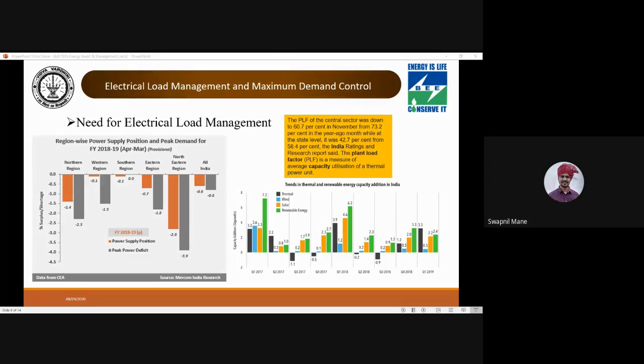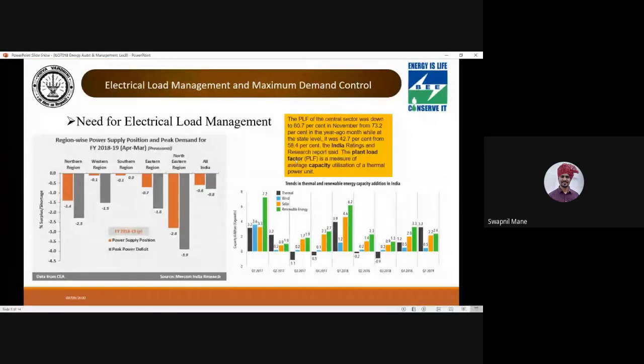Okay. Now let us understand what you mean by plant load factor. Plant load factor is a measure of average capacity utilization of any plant. How is it calculated? Say my capacity of the power plant is 10 megawatt, and the plant is utilized for 7 megawatt.